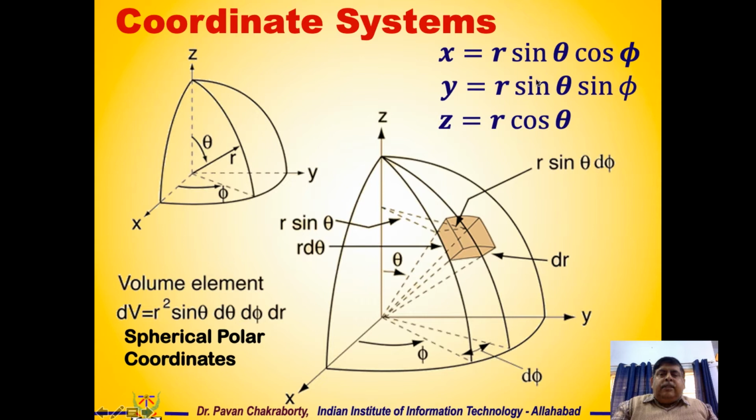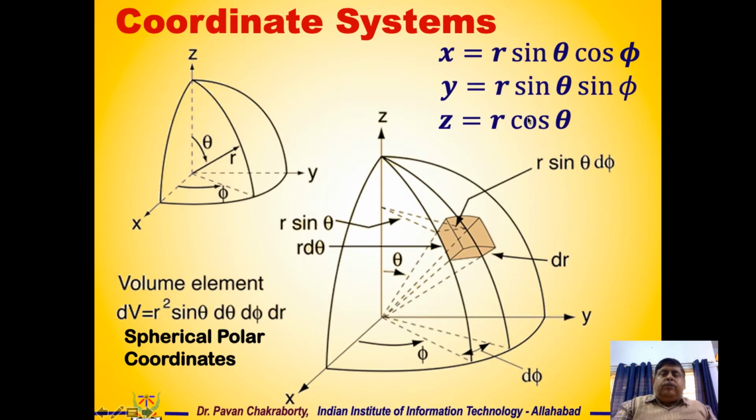And now please see, the R is no more in the XY plane, but it has a direction. Here it makes an angle theta with Z. So if it makes an angle theta with Z, the Z component is equal to R cos theta.